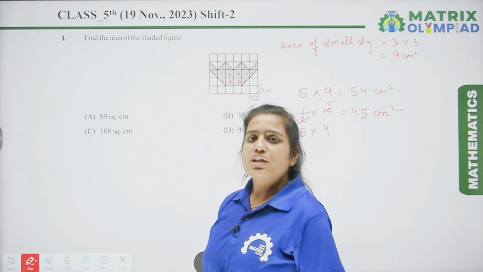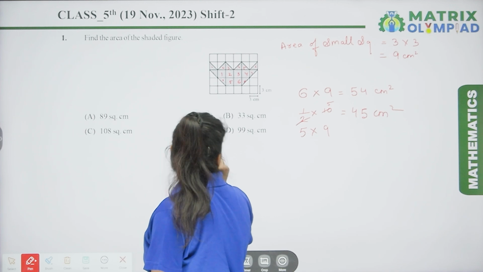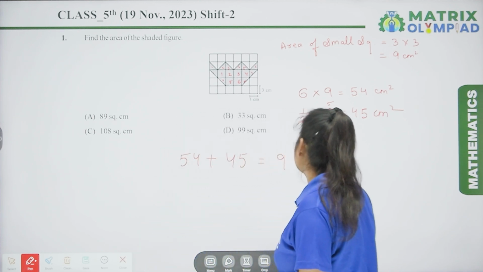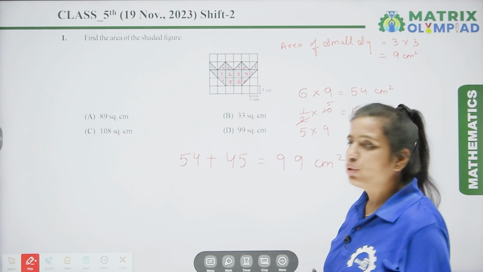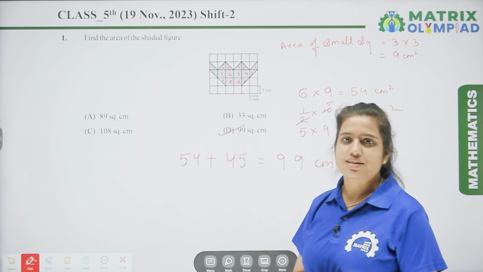So the area of this shaded figure is 54 plus 45, that is equal to 99 centimeter square. So according to the question, option D is the correct answer.